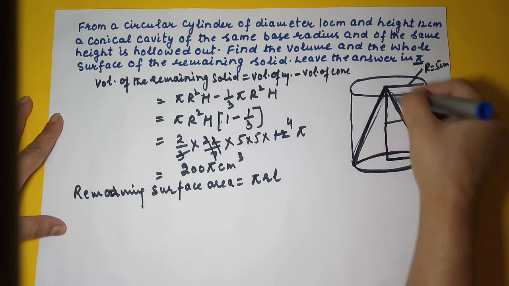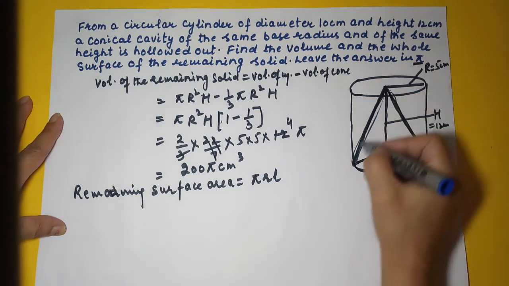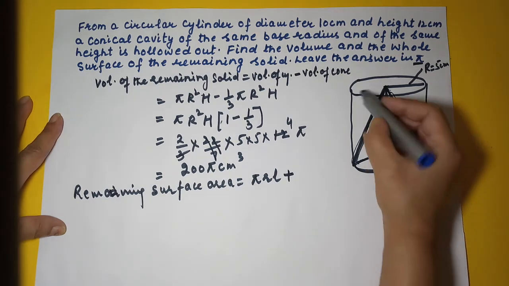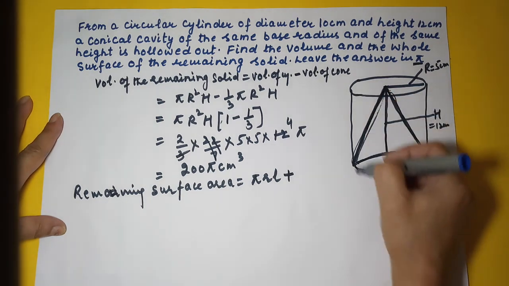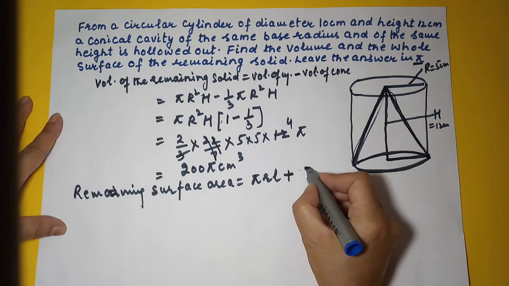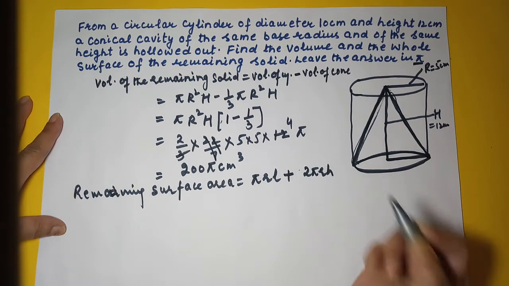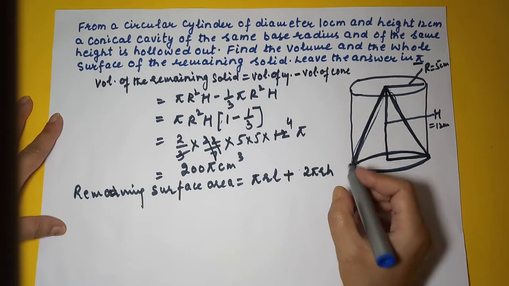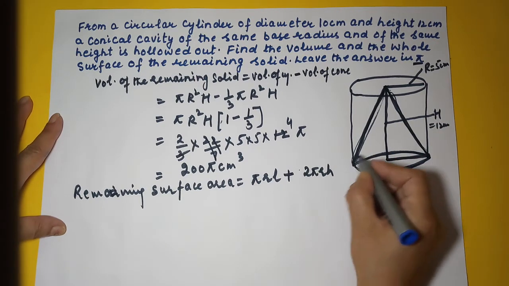The shape will be this inside. If you put your hand inside, you will get a pi r L kind of shape. Plus this shape is left outside, which is the curved surface area of the cylinder, 2 pi r H. And in the bottom you will be having a circle. So what will be the area of the circle?